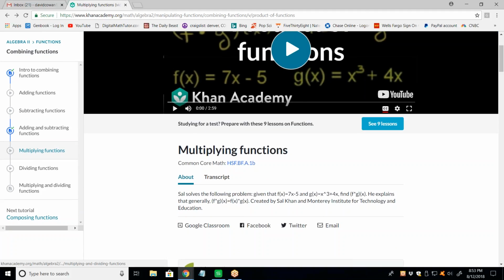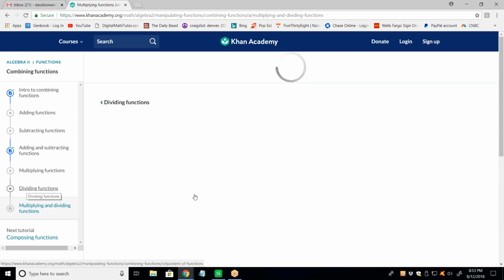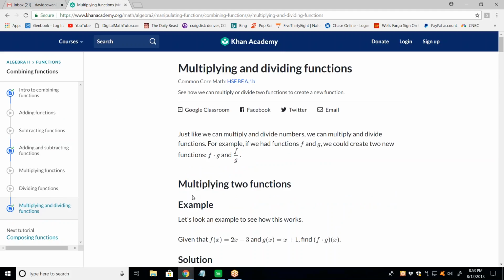Go up a little bit. You can see where I'm at. Which one should I click on? Go to multiplying and dividing functions. Okay, there we go. How can you tell which one is a video and which one is text? If you look at the small icon right by it, text is a piece of paper, and the other is a play sign. Now I get it.